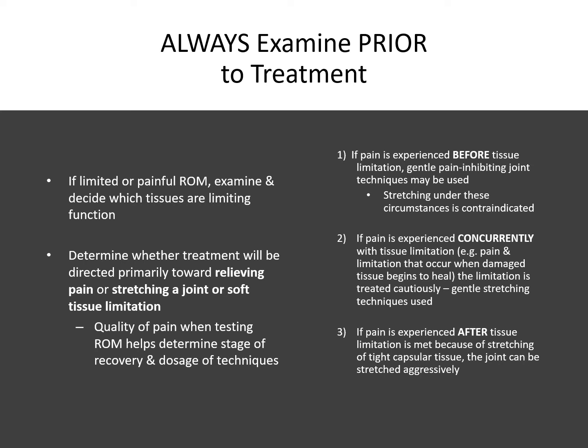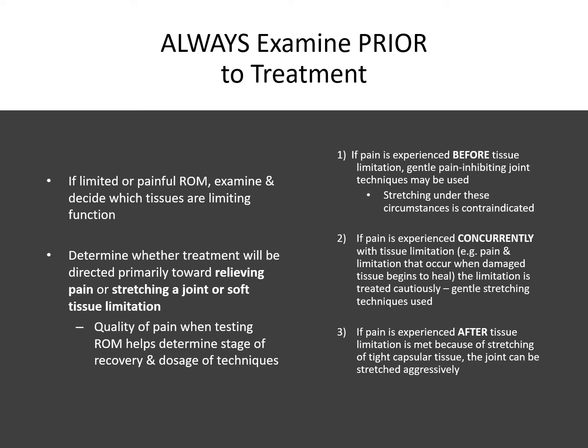So you need to find out which structures are limiting the function. Determine whether treatment will be directed primarily towards relieving pain or stretching a joint or soft tissue limitation. So you need to find out whether you should relieve the pain or you should stretch the tightened structure.